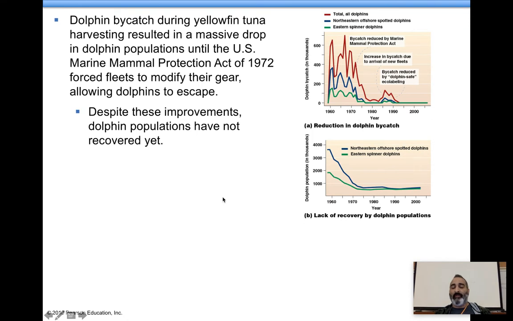They haven't completely recovered. Back in the 70s, we weren't protecting them. A lot of netting, a lot of drift netting, a lot of purse seining was being used. So a lot of dolphins were being caught by accident. So their populations dropped drastically, and they still haven't really recovered. They've stayed low, basically.